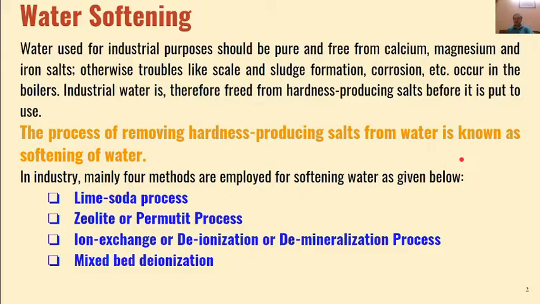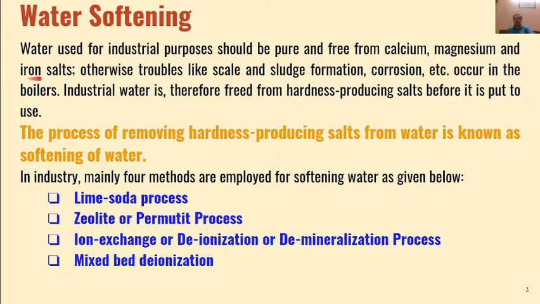So, as I have told you in the previous lectures also, the water which is to be used for industrial purposes should be free from any type of salts which cause hardness. And these salts are mainly calcium salts, magnesium salts, or iron salts.